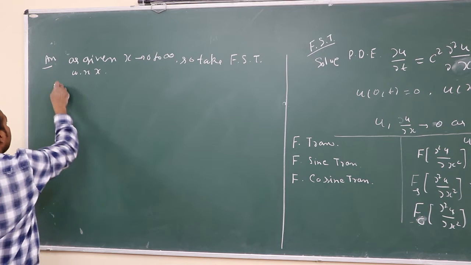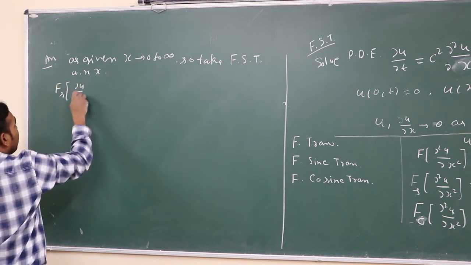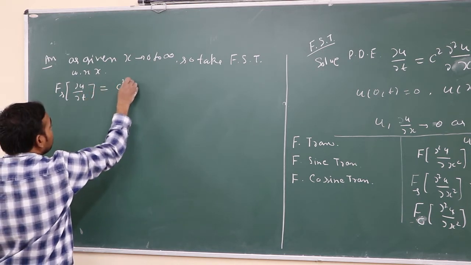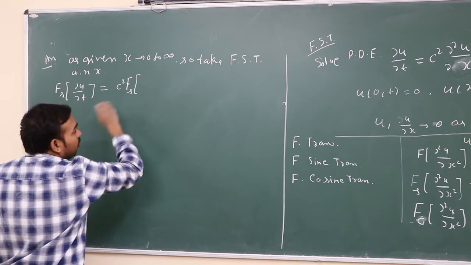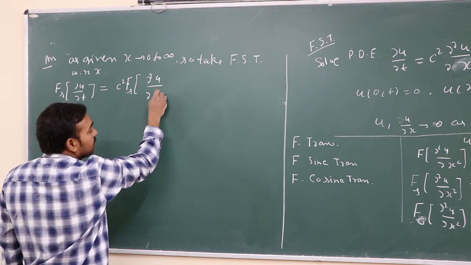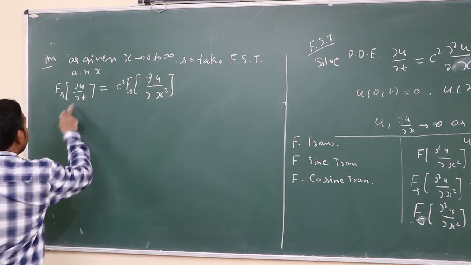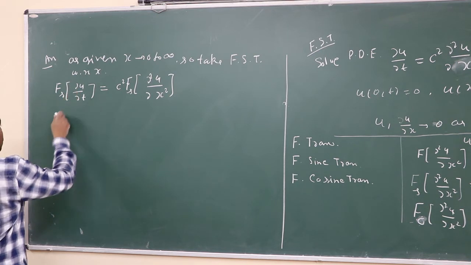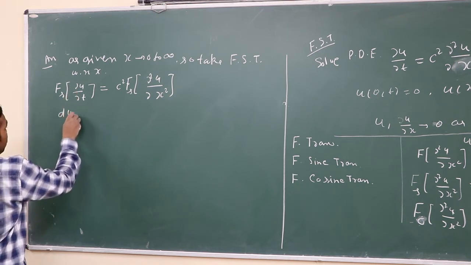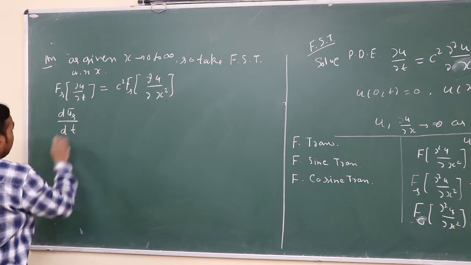So del u upon del t equal to c square times the Fourier sine transform with respect to x, and this converts to an ordinary derivative, say d u_s upon d t.